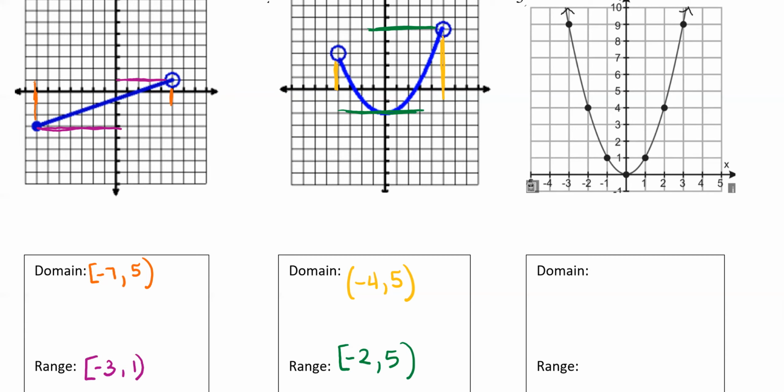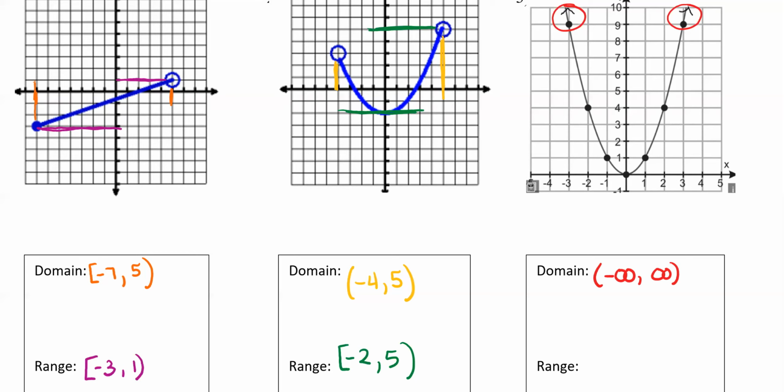And the next example, notice that this graph has arrows on it. The graph is not contained between certain values of x. This graph goes on forever. So the domain is -infinity to infinity. If those arrows weren't there, it would be different.